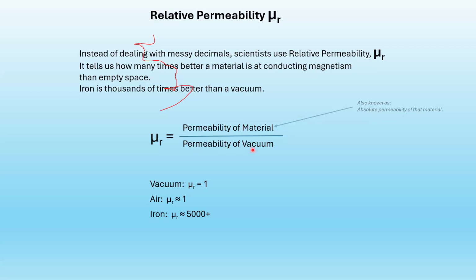And permeability of a vacuum is also designated in henries per meter. So we get the same unit over the same unit. The units are going to cancel, so the relative permeability has no unit. It's just a plain number.